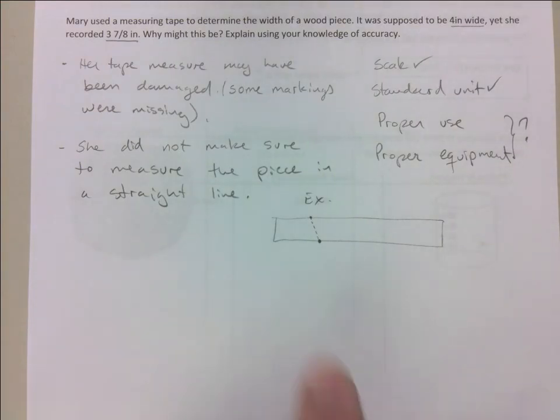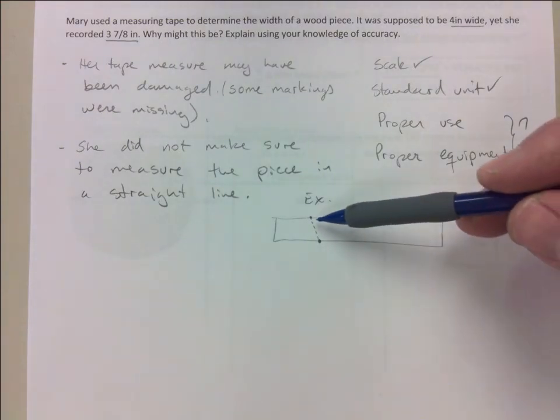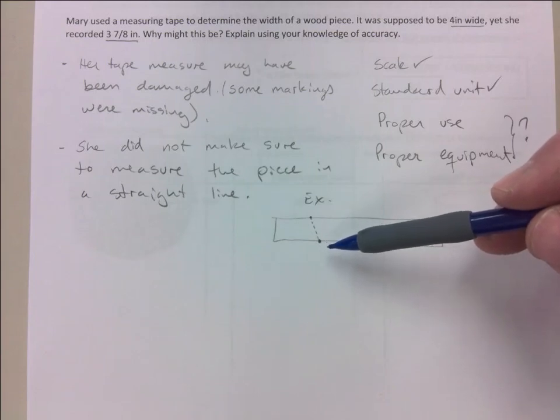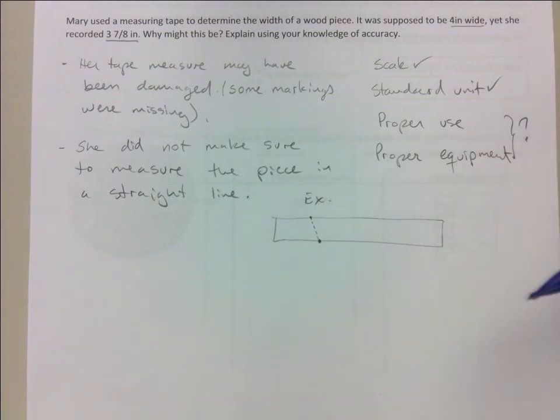All right, you could probably argue, no, Mr. Dirksen, if she did that, it would have been longer, wouldn't it? Longer than 3 7/8? Actually, you got a point. That's what I get for making stuff up. So maybe, what should I do here to fix my mistake?